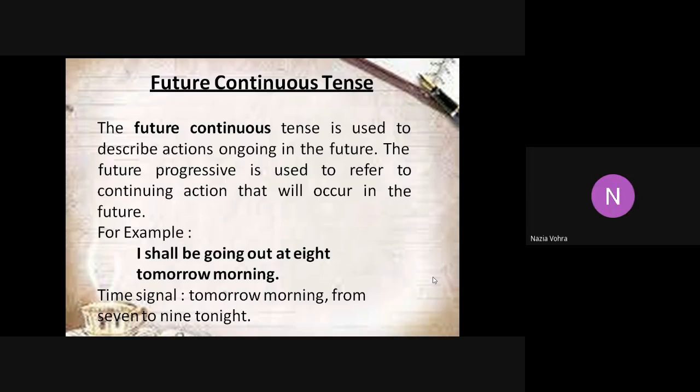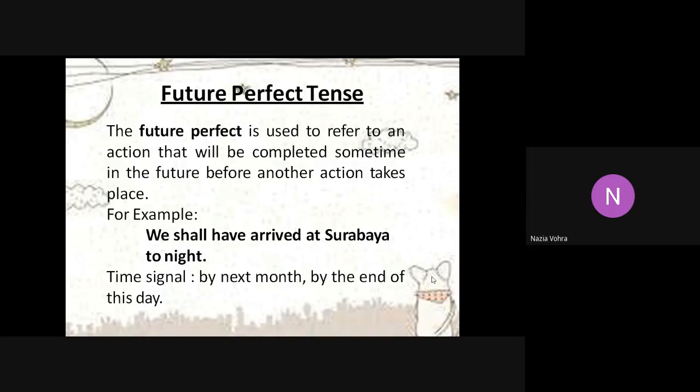Yes, ma'am. Okay, next is future perfect tense. The future perfect is used to refer to an action that will be completed sometime in the future, before another action takes place. We shall have arrived at Surabaya tonight.